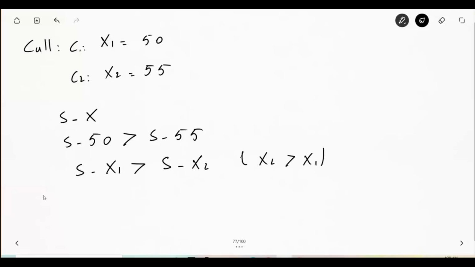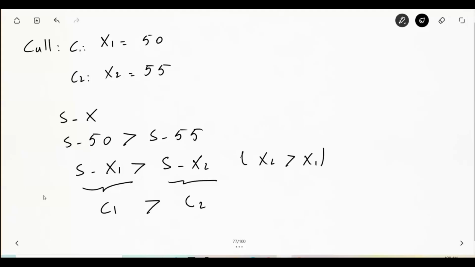given that X2 is greater than X1. So simply here I'm saying the payoff of C1 is greater than the payoff of C2, given, of course, that the options can be exercised, given that the stock price is greater than the strike prices. And as you can see, for any price between $50 and $55, I can exercise C1.